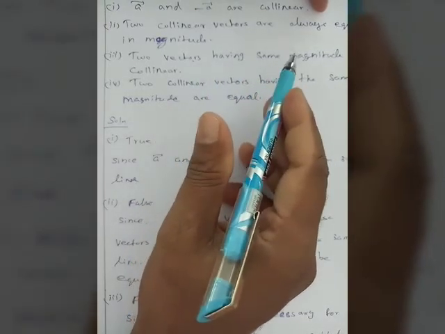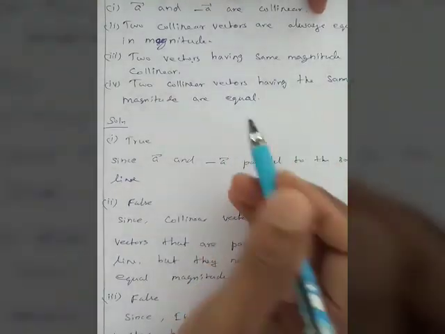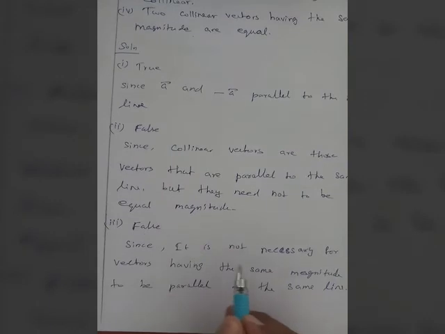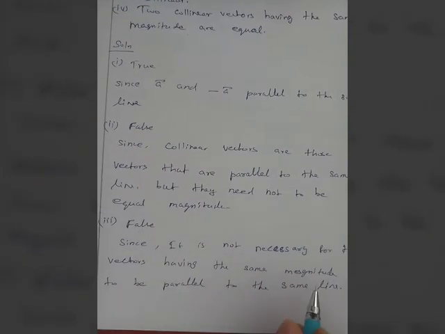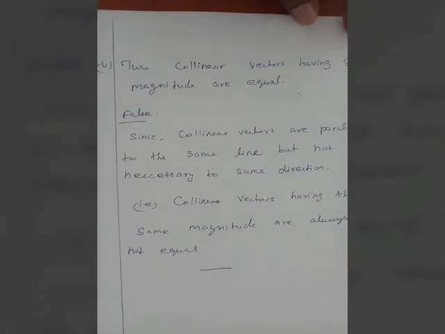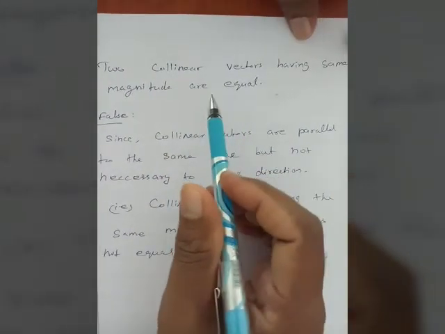Now they have the same magnitude, but it is not given that they are parallel. So this is false, since it is not necessary for two vectors having the same magnitude to be parallel to the same line.